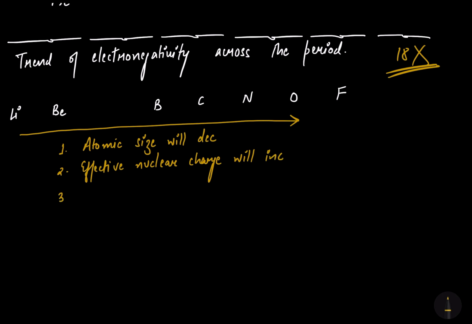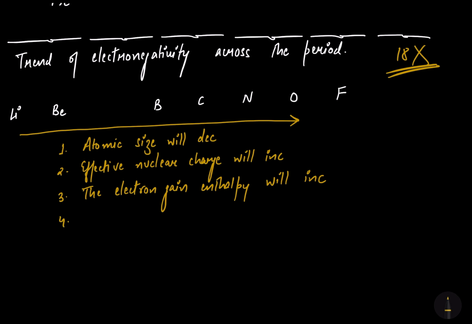The very third point, the electron gain enthalpy will also increase. The electron gain enthalpy will increase. That means the tendency to gain electrons will increase, and also the tendency to attract the shared pair of electrons towards itself will also increase.